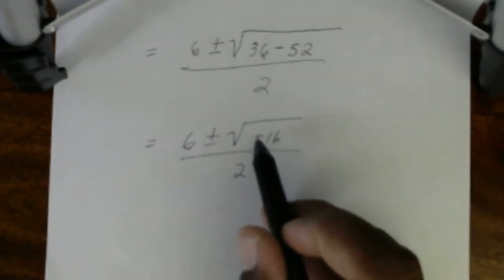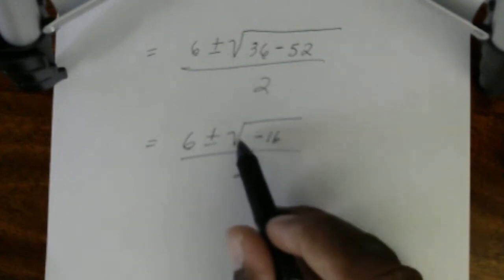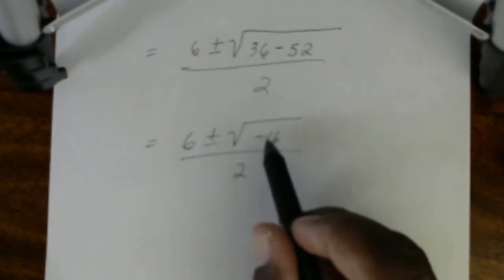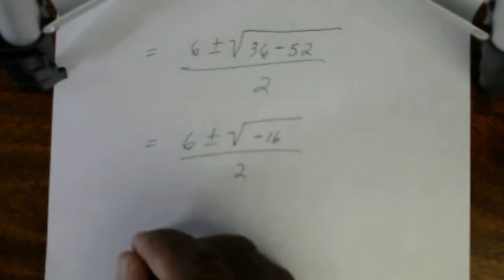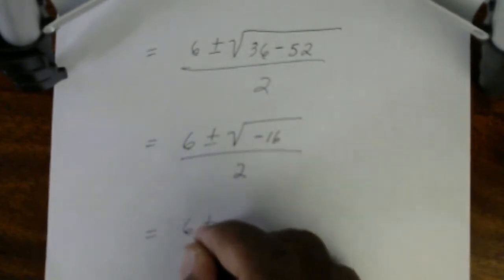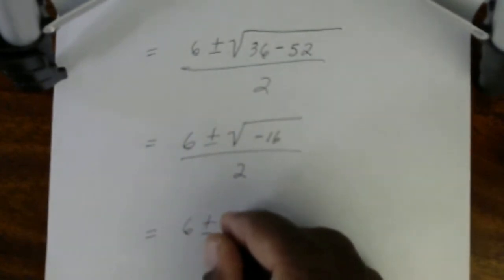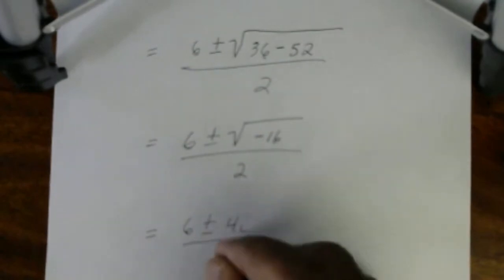The next thing I want to do is simplify this negative radical, so I'm going to rewrite the square root of -16 as 4i.